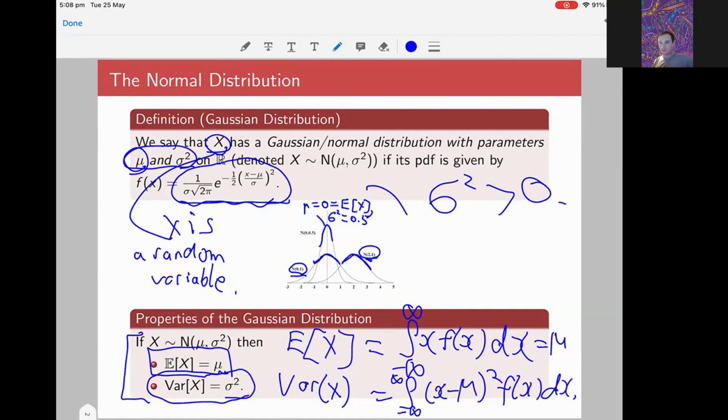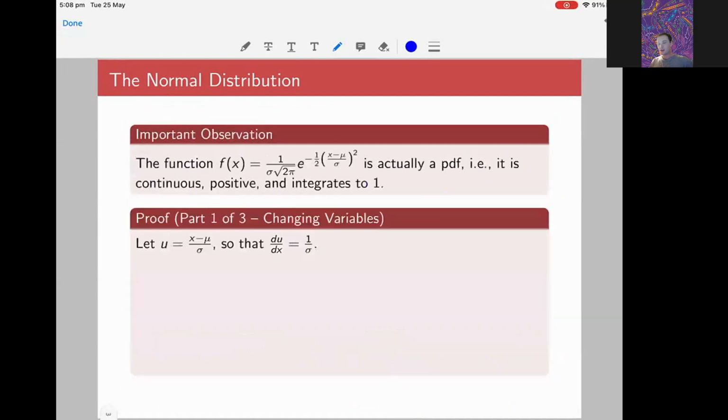Now, to start our dive into this particular distribution, we have to actually show that it is a probability distribution. What do I mean by that? Well, the one thing we need a probability density function to have, and the one thing we haven't checked yet, is to check that this probability density function integrates to 1.